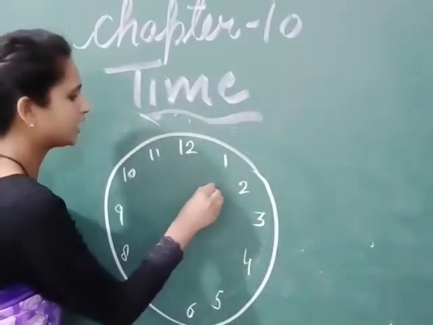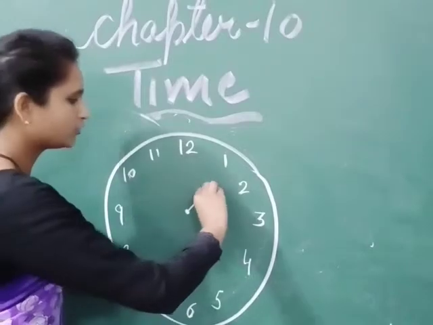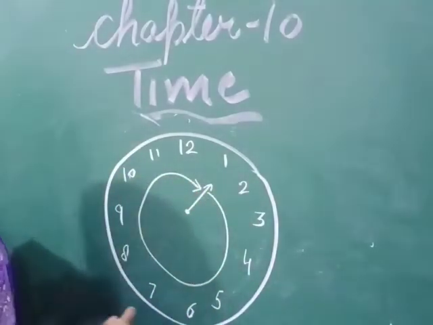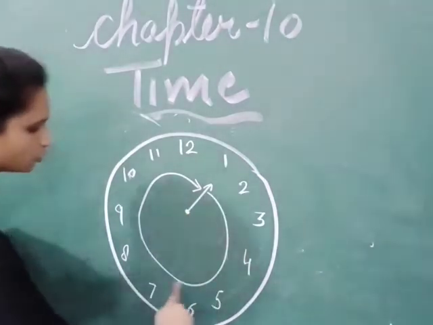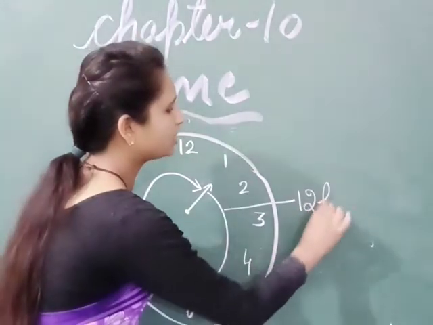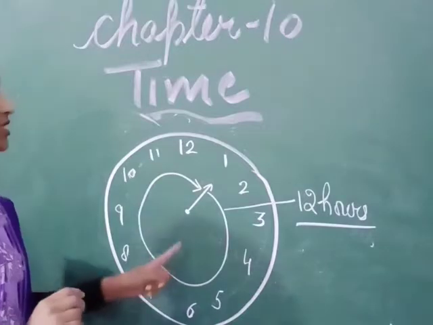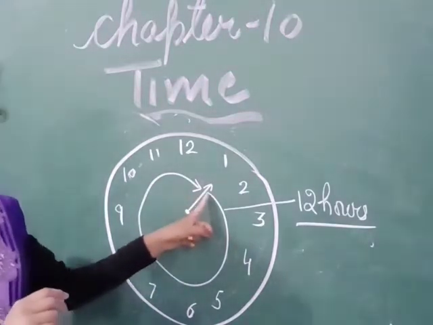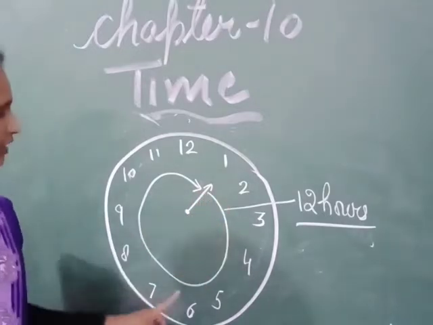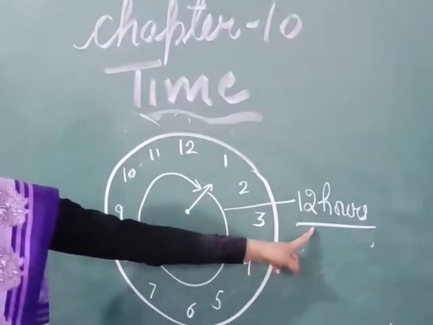Now this is the hour hand. When this hour hand moves once round the clock, 12 hours have passed. When it moves from its initial point 1 and again reaches 1, then 12 hours have passed.